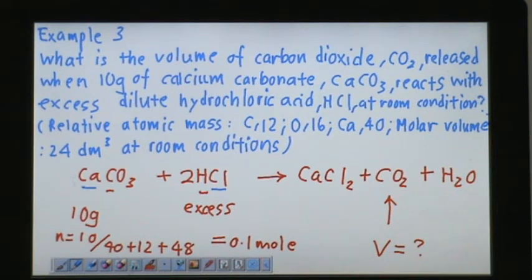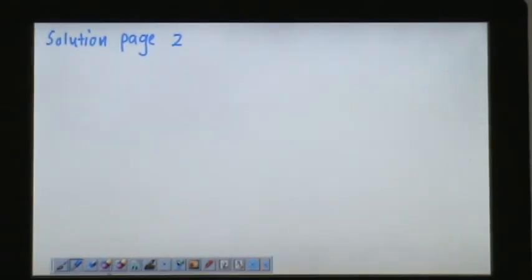So here, let's use a black pen. Here is a ratio of 1, and here is a ratio of 1. So if this is 0.1 mole, I'm sure that this is 0.1 mole. Okay, so with this in mind, we can do the calculation quite easily.